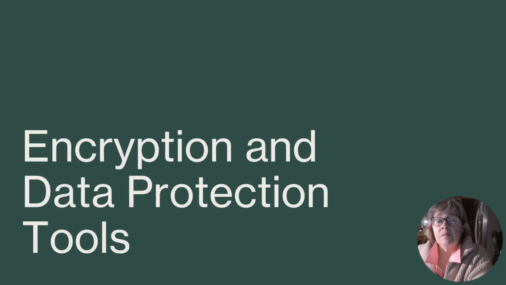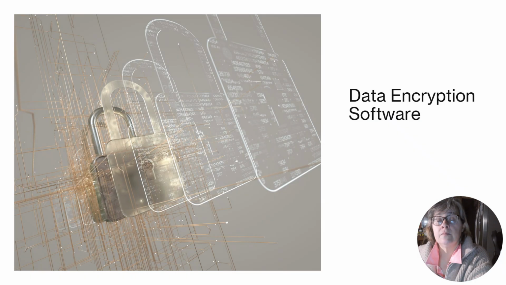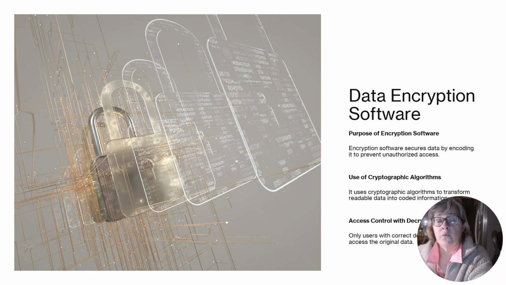These tools protect sensitive data both at rest and in transit by converting it into unreadable formats and preserving confidentiality and integrity. Encryption software applies cryptographic algorithms to encode data, making it accessible only to authorized users with the correct decryption keys.